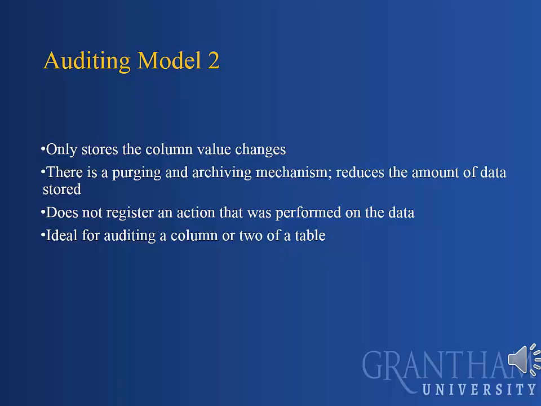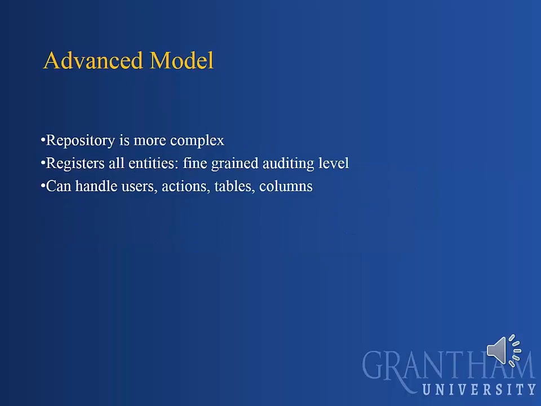It's ideal for just auditing a column or two of a table, so different function, different use. You can have your advanced model with the repository being more complex. With that, then you would register all the entities using the fine-grained auditing level, and you could handle different users, actions, tables, and columns. And as you would think, it's going to use more resources to use this approach on your model for your auditing.